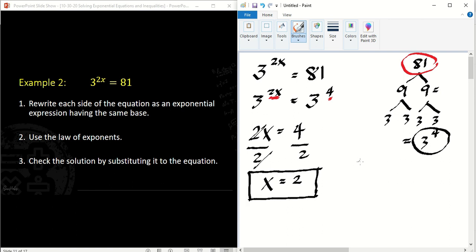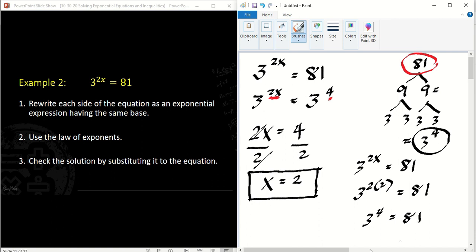Checking. Check natin. So, copy the original equation. We have 3 to the 2x power is equal to 81. Copy 3 to the 2, tanggalin yung x, palitan ng 2. Saan nanggaling yung pinalit na 2? Galing sa sagot. Is equal to 81. So, and then we have 3 to the 4th power is equal to 81.